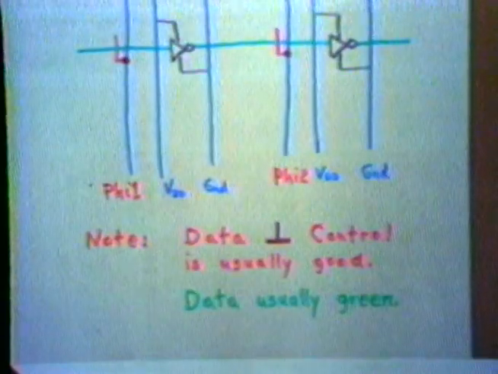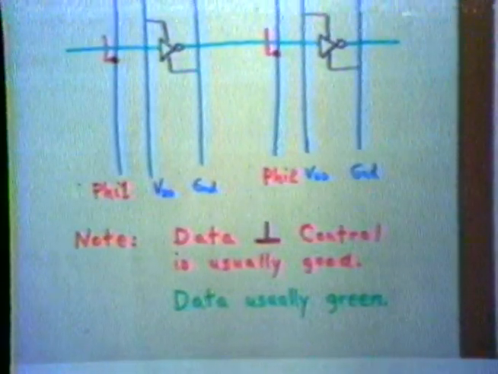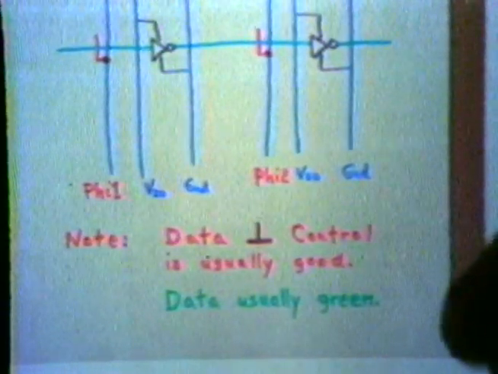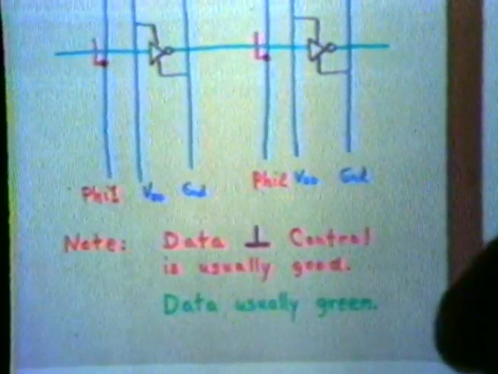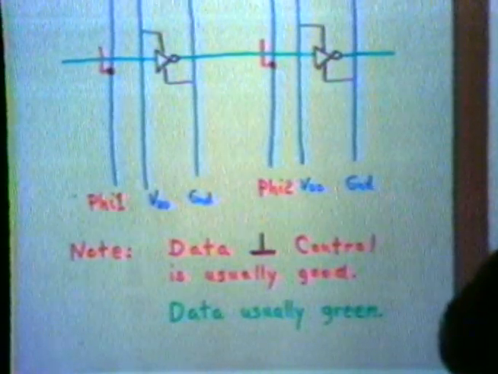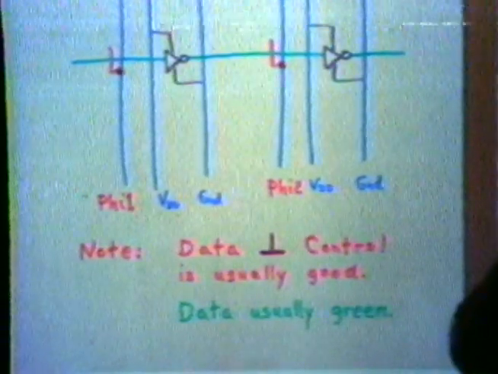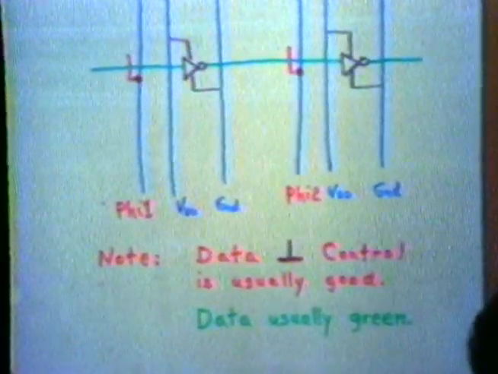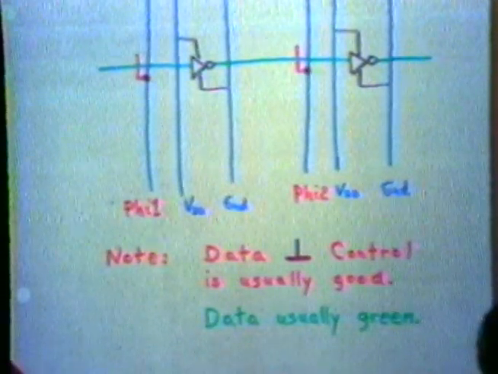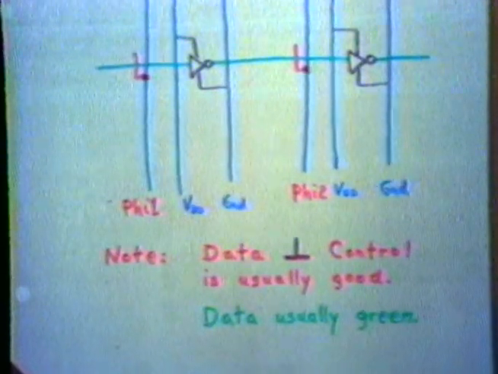This is almost always the case because they want to cross each other. Also notice that the data, the signals that you're controlling, are almost always run in green when they cross, say, the boundaries of cells in an array, because green is the level that can be controlled by a red line. So these decisions, if you think about it, there's a few choices. And some of your choices are forced, and others you get to work with.